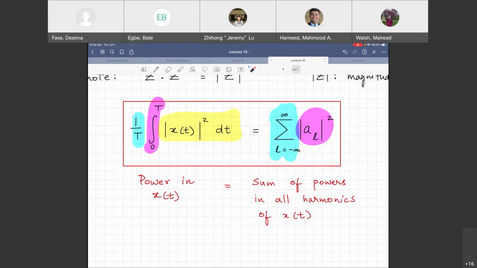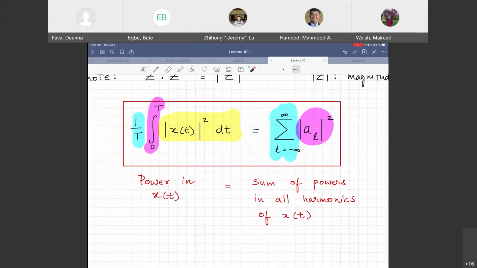So Parseval's theorem proves that the power of a signal evaluated in the time domain is the same as breaking the signal onto all those projections and taking all the powers in each harmonic, adding them up to get your right hand side here. Right? So the power of a signal, if you evaluate it in time domain or as the sum of powers in all the harmonics, will be the same.